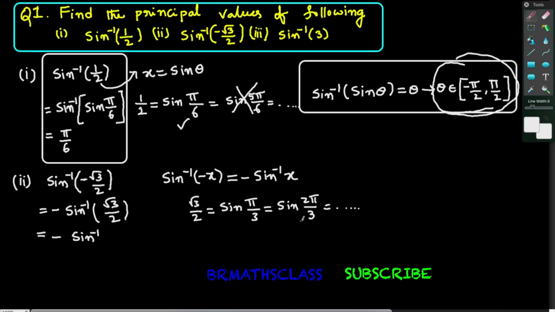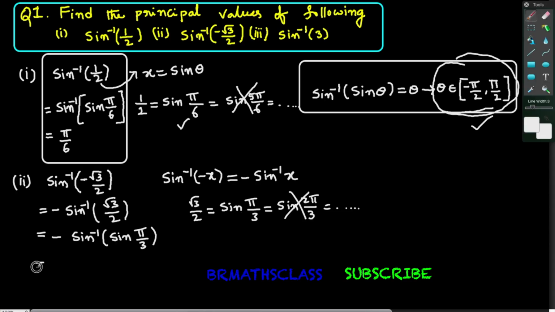Sine pi by 3 or sine 2 pi by 3? Pi by 3 means 60 degrees, which is between minus 90 and plus 90. 2 pi by 3 means 120 degrees. Is 120 degrees in this interval? No. So we cannot choose this value. In place of root 3 by 2, we write sine pi by 3.